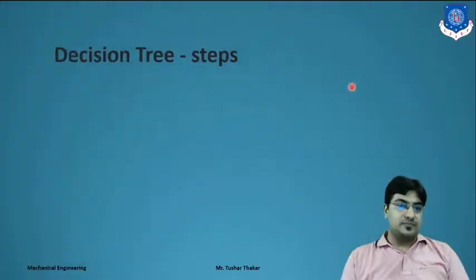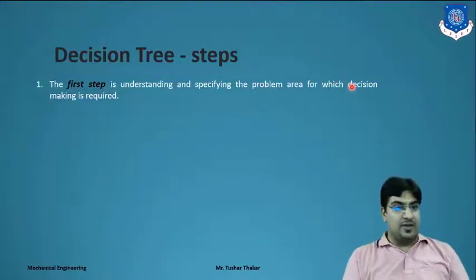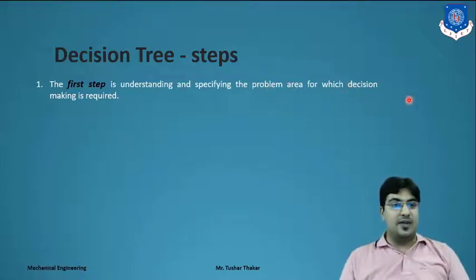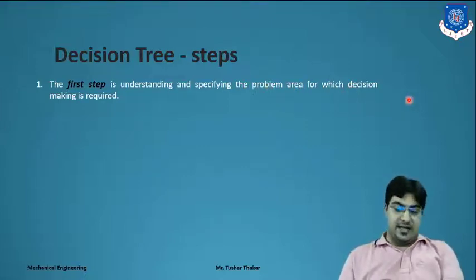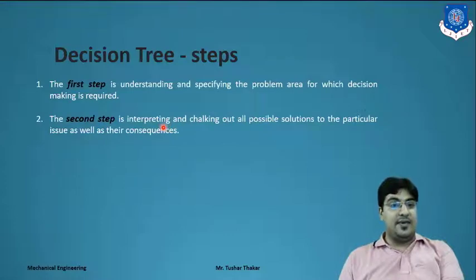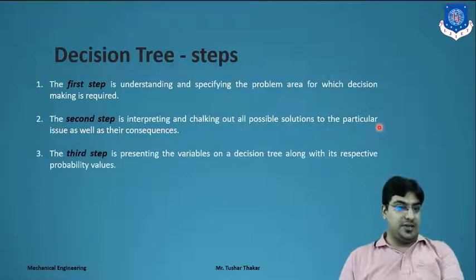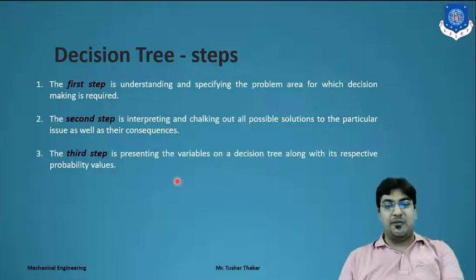Clear? What are the steps for solving the decision tree? First step, understand the specified problem area in which decision making is required. Second step is interpreting and chalking out all possible solutions to the particular issue. Third step is presenting the variables on the decision tree along with their respective probability values.